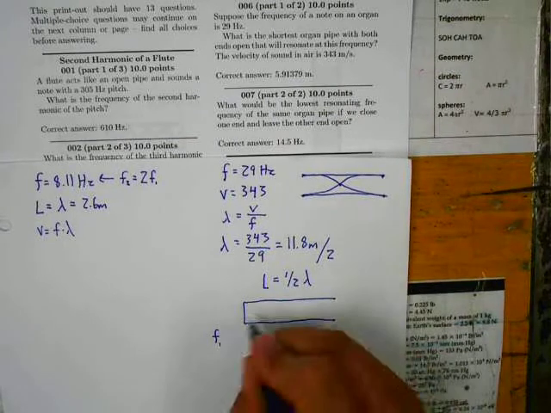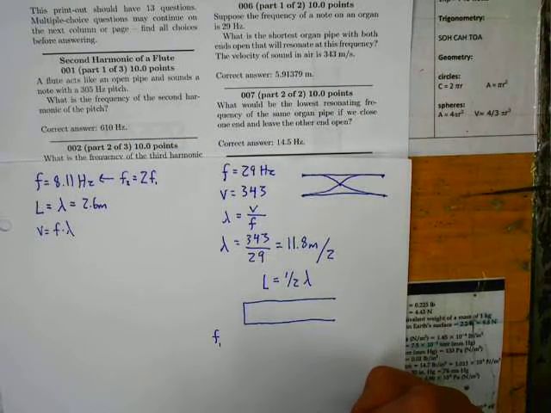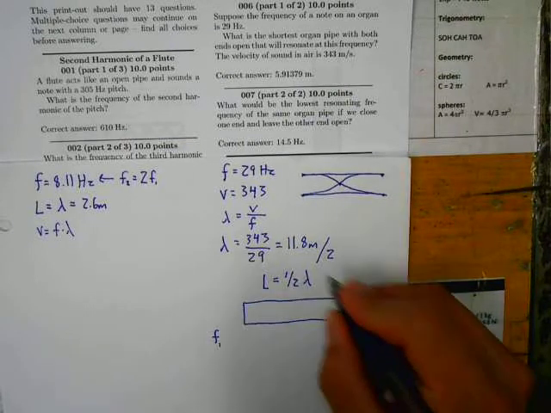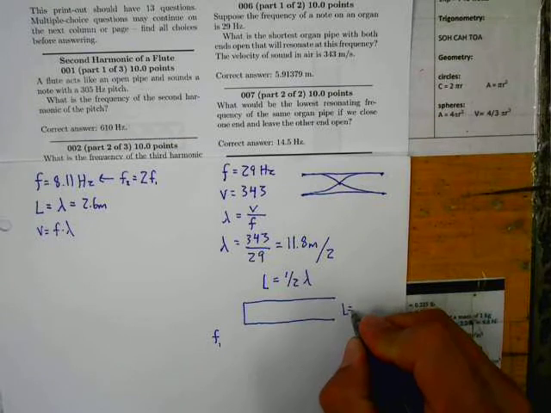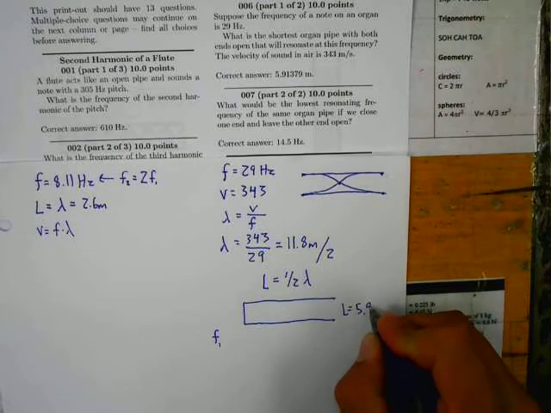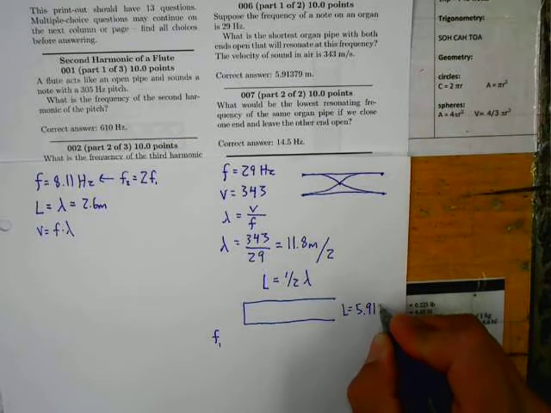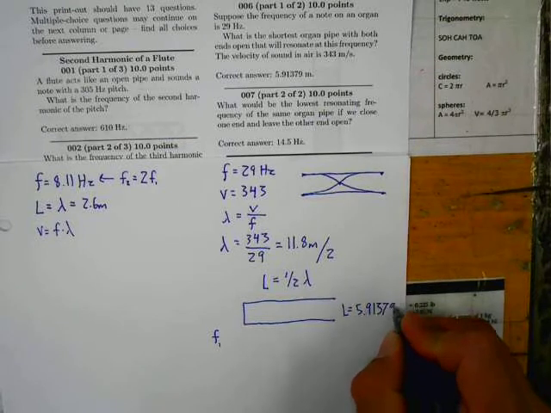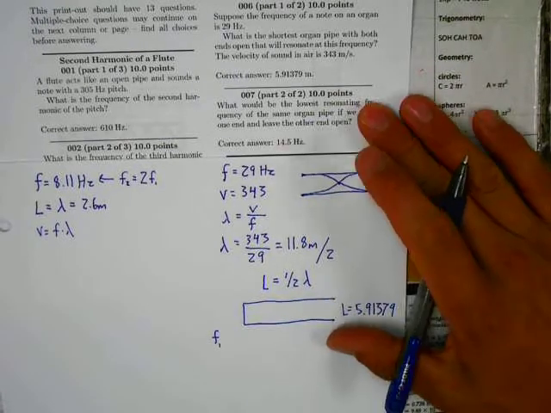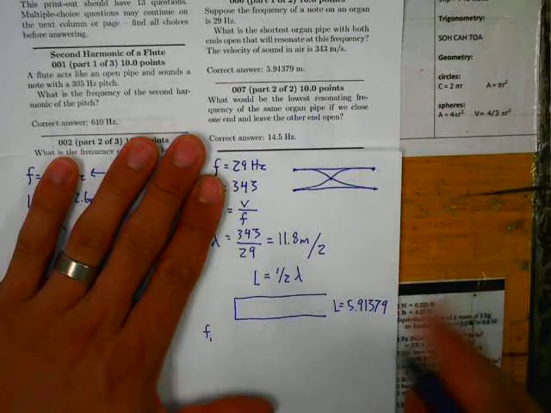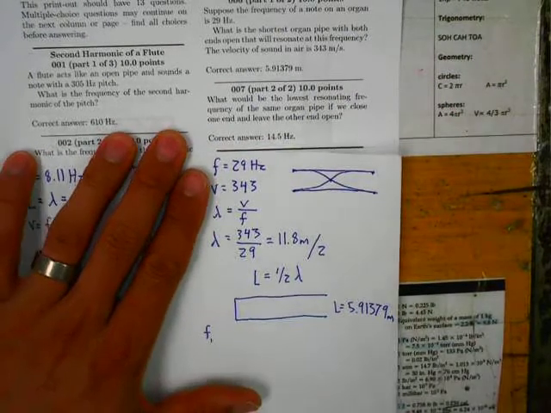Okay, and we already know the pipe length. So the pipe length is our answer from up here. So L equals 5.91379. Okay, that's the full unrounded answer. So that's in meters.